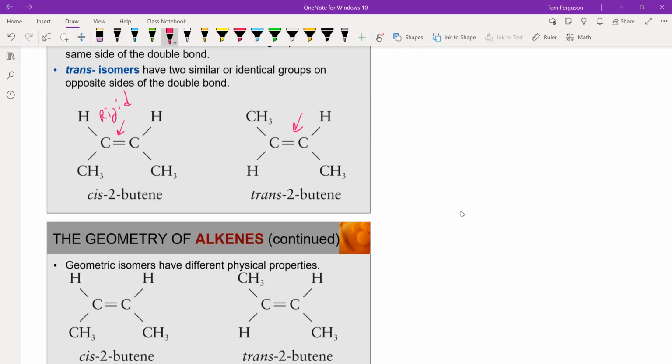Okay, that double bond is rigid. Hence, that's the backbone. That double bond, now this is a single bond here.